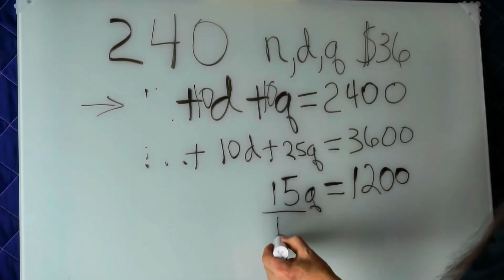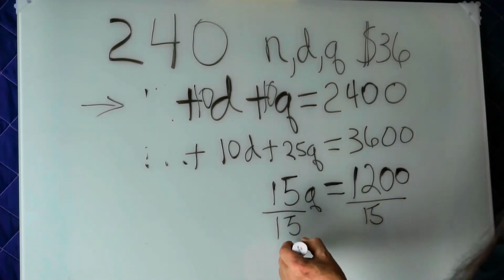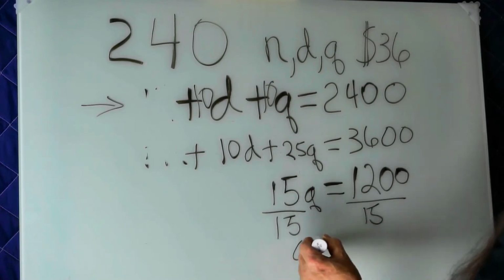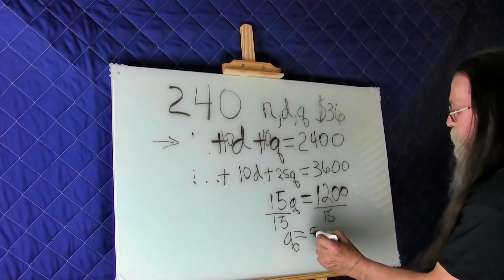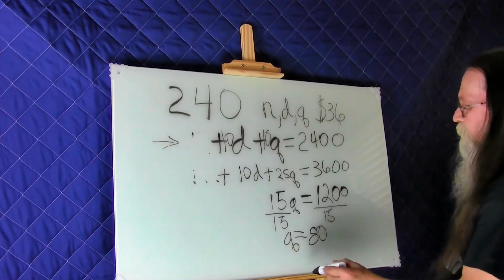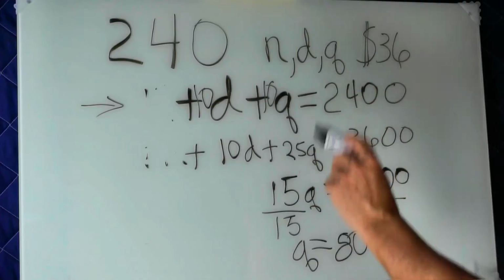And then if we divide this by 15, divide this by 15, the number of quarters equals 1,200 divided by 15 is 80. So the number of quarters is going to equal 80 in this instance.